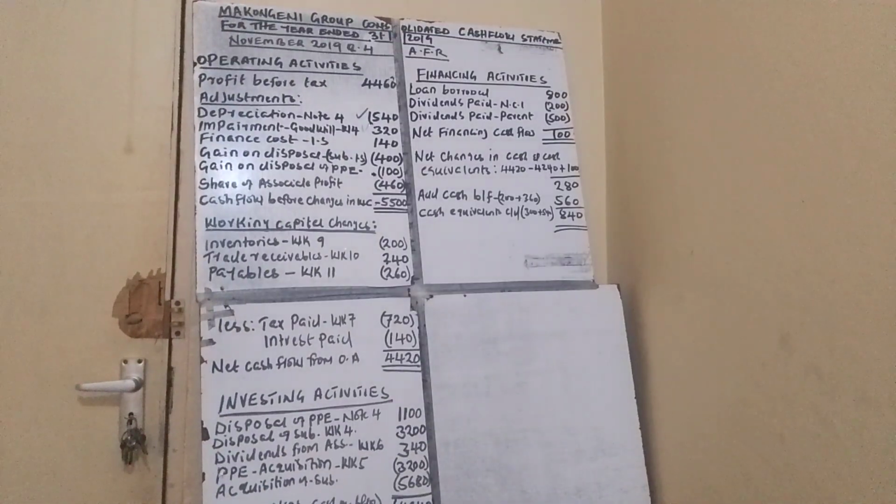Okay, the other item for the goodwill that I want to show you before I continue my analysis on the other side is to do with additional information. So number one is explaining what happened when we acquired Razaka Limited, how much goodwill arose when we acquired Razaka Limited.